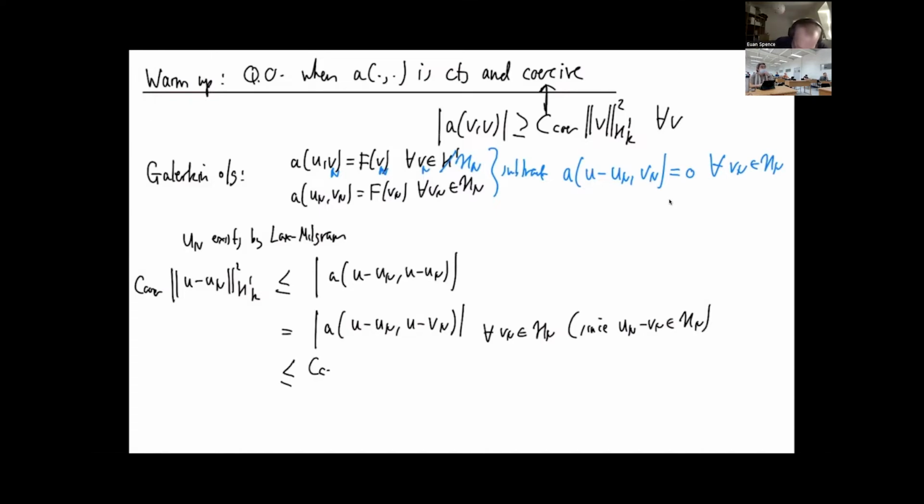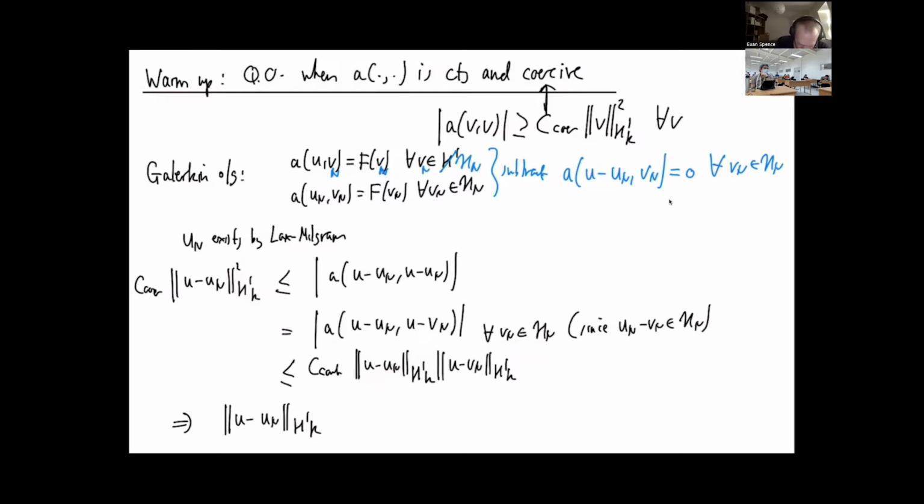Now I use continuity of a to bound a(U minus Uh, U minus Vh) by the norms of the arguments. And then this is still valid for all Vh in Hh. Okay, and this is good now because I just divide by one factor here, divide by C_coer, and I get this quasi-optimality, right?